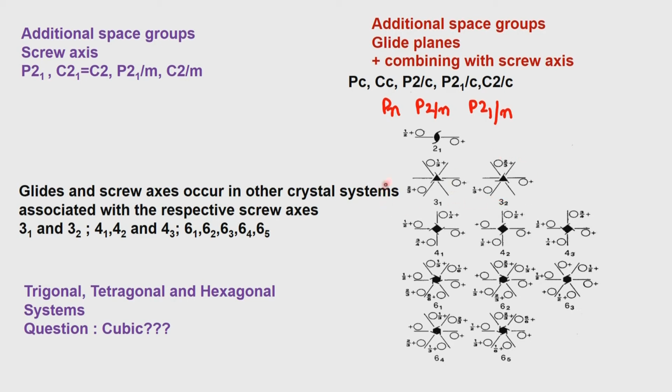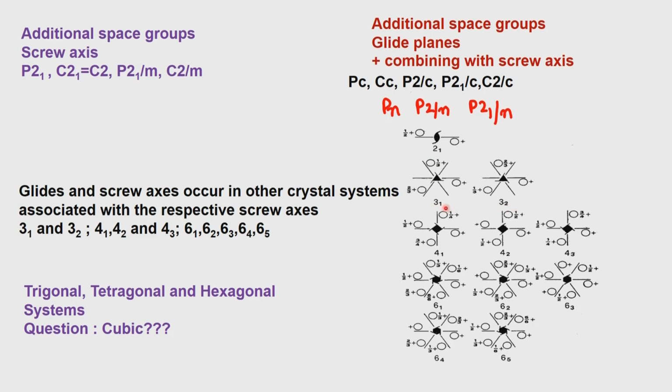So effectively we have covered the possibility of glides and screw axis, and we will have them in trigonal, tetragonal, hexagonal systems. And can we have it in the cubic system? I have asked this question to you so that you can think about how to do this cubic operation and how the cubic system can have these kind of operations.